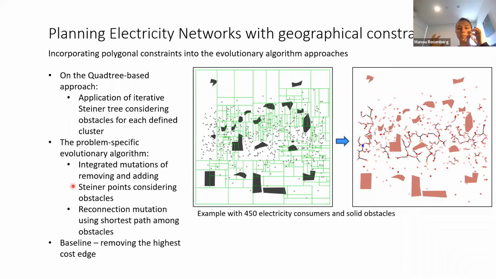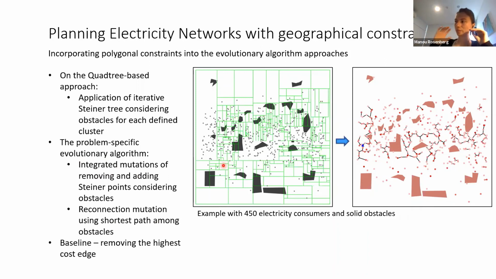So for example, when we connect two different parts, then instead of just connecting it through a straight line, we have to use the shortest path algorithm to move around the obstacles, for example. Or when we remove the highest cost edge, we might not just remove this one edge, we might remove a connection that goes around an obstacle.